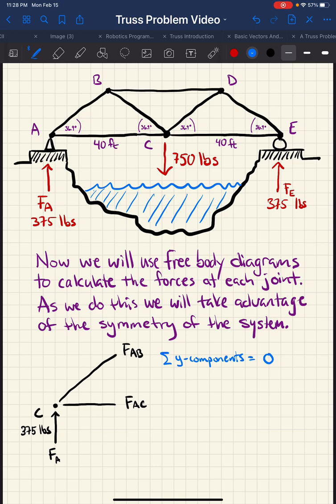Well, now, the sum of the y components has to be 0 because we're in static equilibrium and this point isn't moving, so the sum of all the forces acting on the point has to be 0.